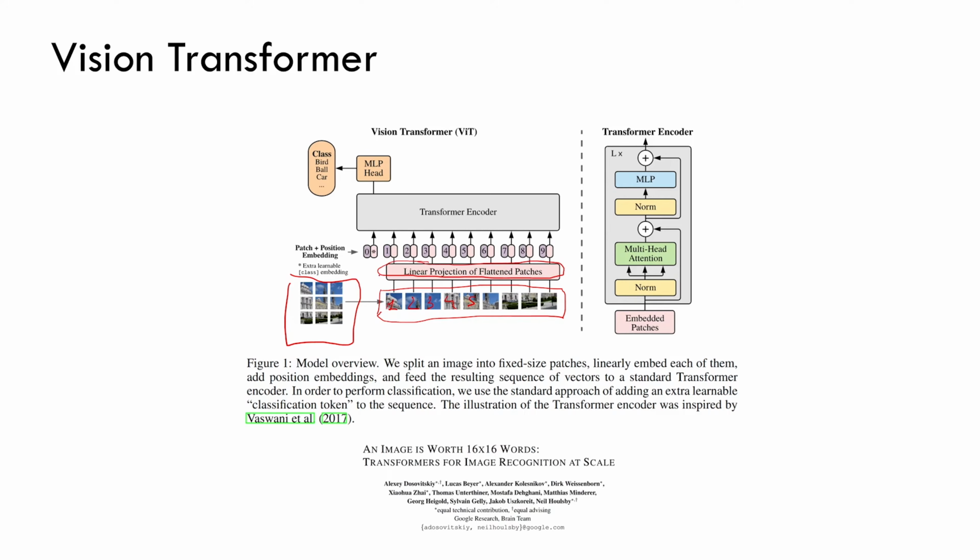They feed this sequence of patches, actually the embeddings of these patches along with the position encoding, to the transformer. But they feed not only the list of patches but also another token that is prepended to this sequence, and this token is called the class embedding, the class token. The idea comes from the BERT paper.